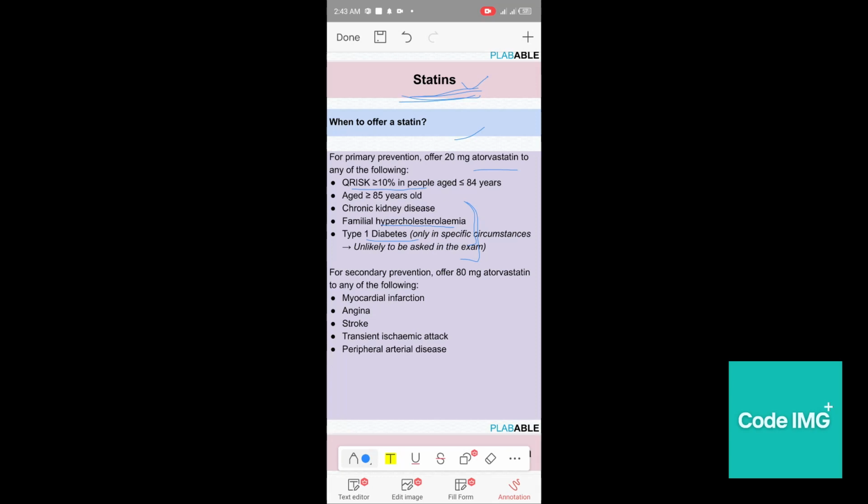Those who have CKD, familial hypercholesterolemia, and type 1 diabetes, where the patient has had it for more than 10 years, then you consider it. In CKD, you consider primary prevention with 20 mg of atorvastatin. For those who are 84 or less, you calculate the QRisk. If it's greater than 10, you give atorvastatin for primary prevention.